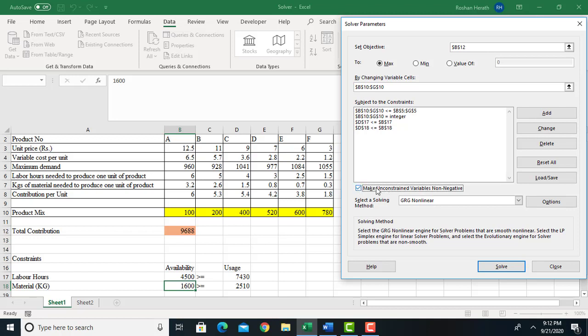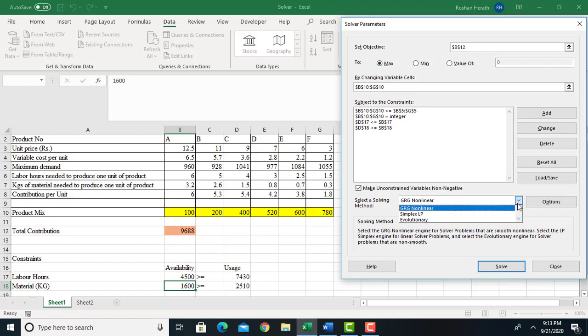You would by default keep that, and then you need to select a solving method. So for your solving method, you have different options. You can assume a kind of non-linear relationship, or a kind of linear relationship. But here what we are going to assume is that between these independent and dependent variables there is a linear relationship.